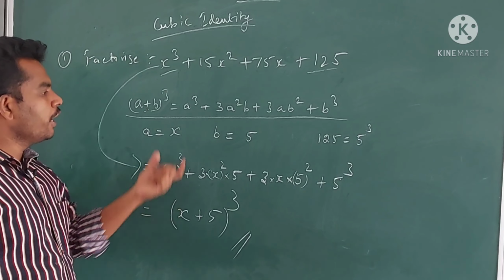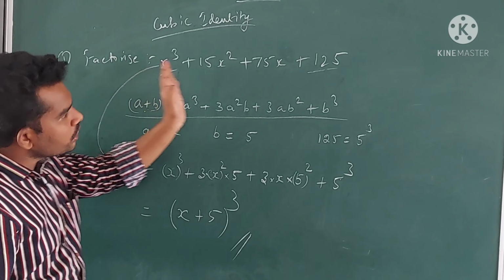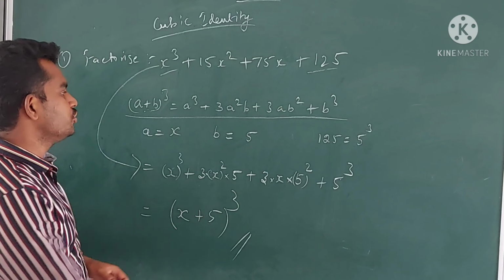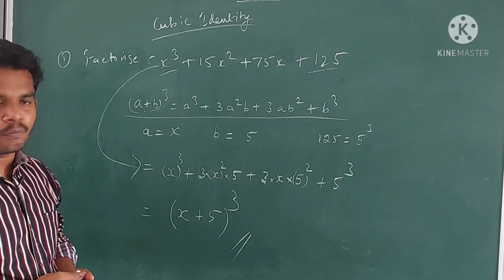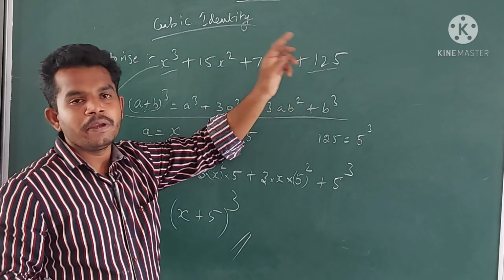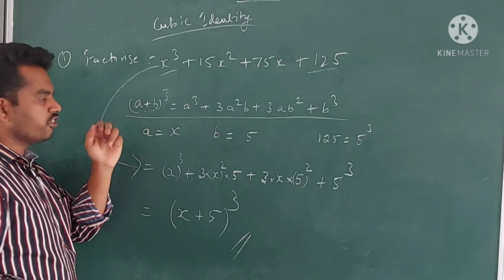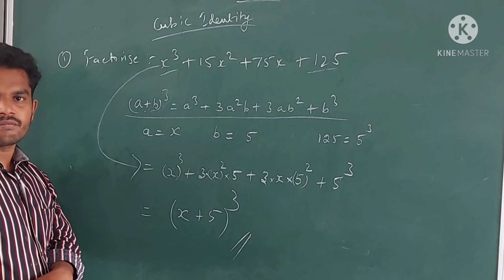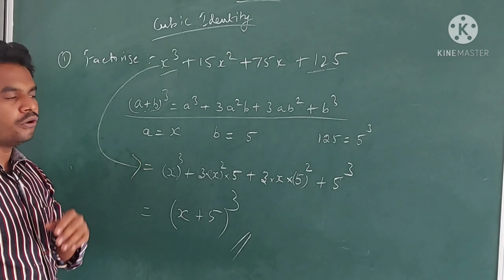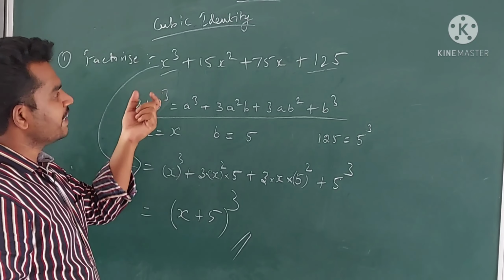In this way you can find out which identity it is. Here all the terms are plus, so I choose a plus b the whole cube. In case the last cubic term is minus, you directly go for a minus b the whole cube. You should find the easiest way.